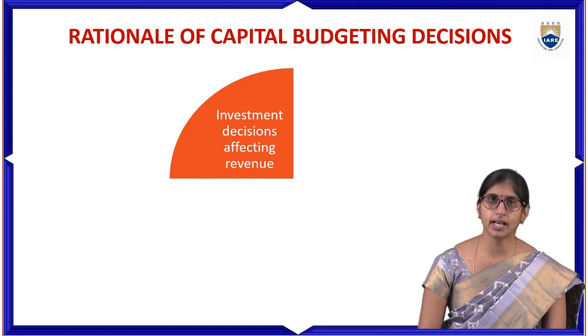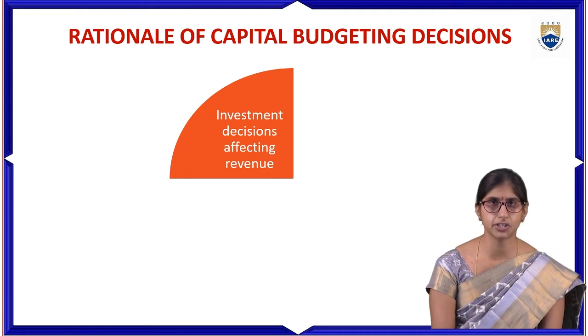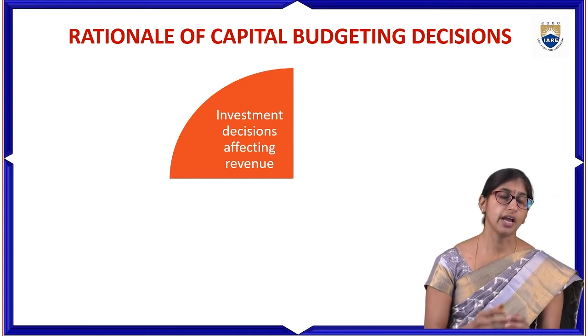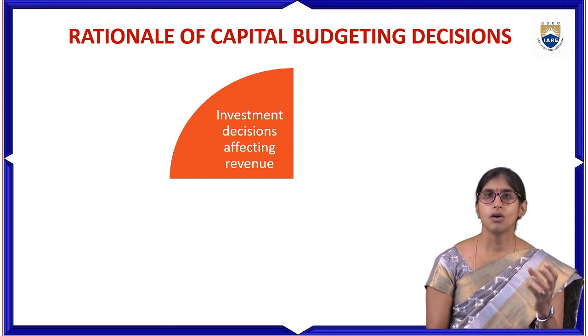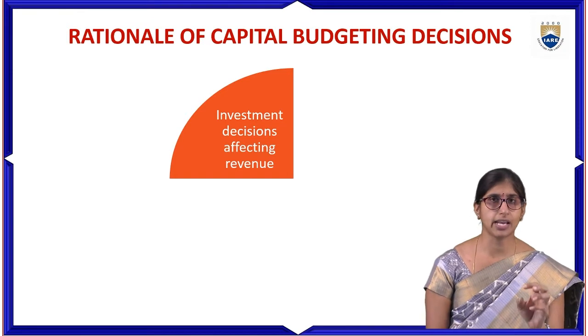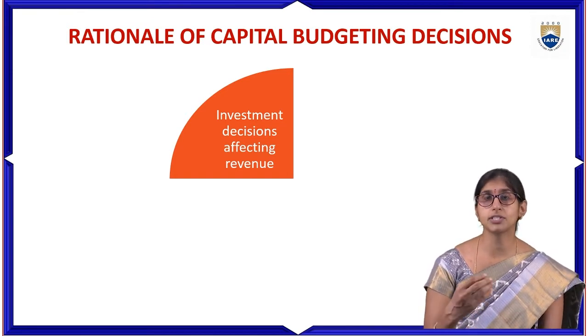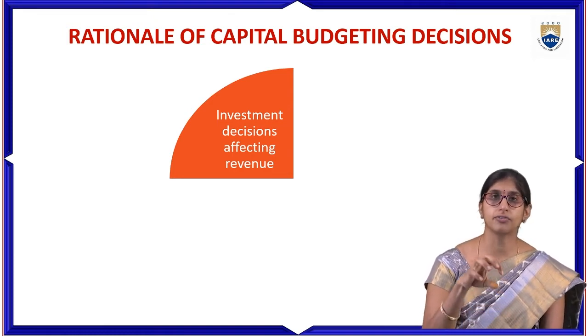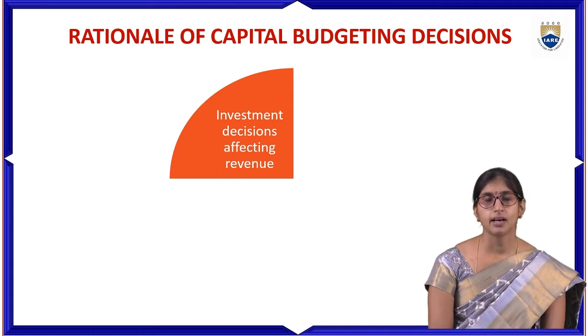One must think in different directions, because we take the investment decision according to the revenue. Before we invest in any project, we check how much revenue we are going to generate out of that project, out of the investment made.